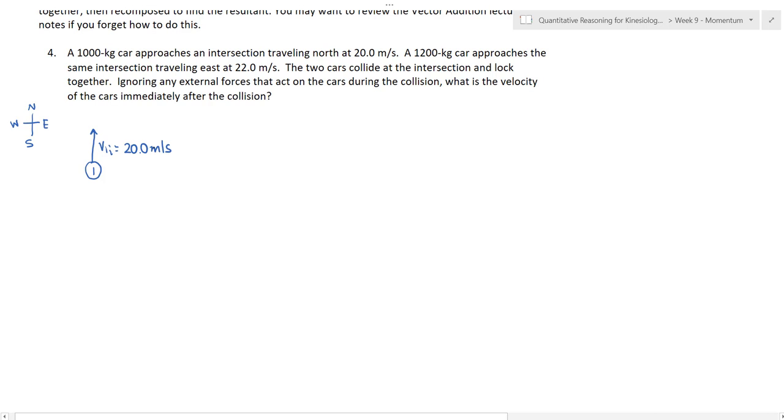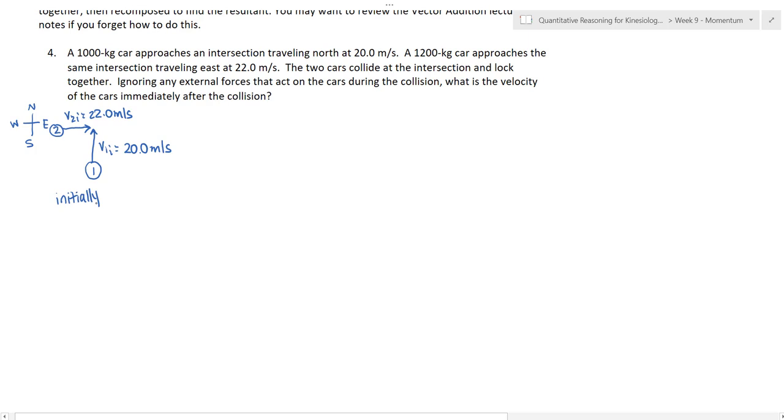And then we have a 1,200 kilogram car, which is approaching the same intersection traveling east at 22 meters per second. So here's my other object, object 2, and it's traveling east. So V2 initial is 22 meters per second. And the two cars collide. So this is initially, before they've collided.